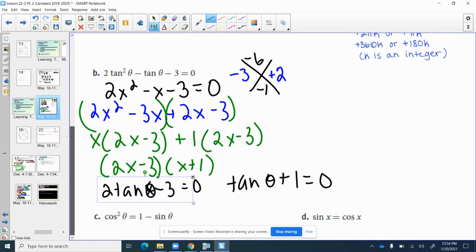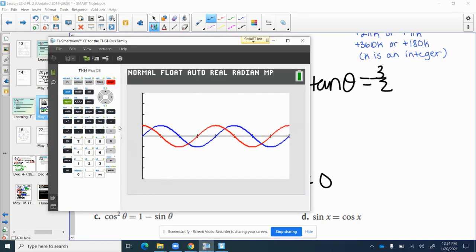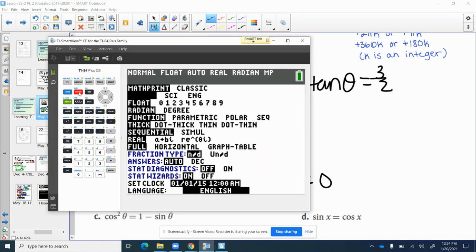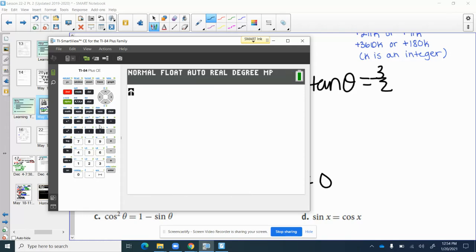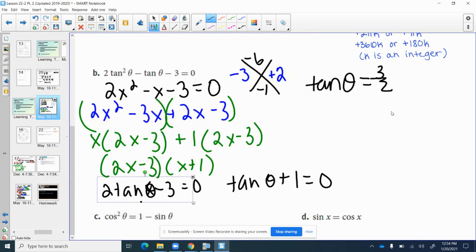So we again are going to have multiple solutions, because when we set tangent of theta equal to 3/2, if we approximate this using our graphing calculator, again, we'll use degrees for right now versus radians, tan inverse of 3/2 is 56.3. And again, we just want positive 3/2. So that's actually going to be taken every other quadrant.